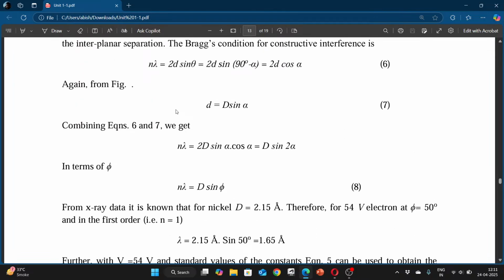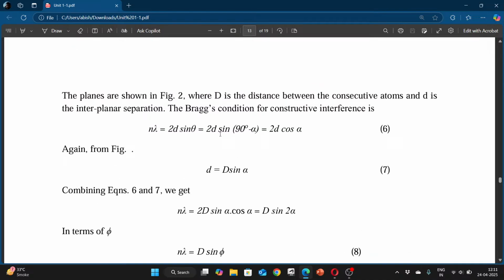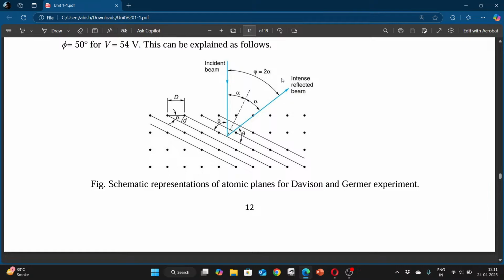क्वेश्चन 6 और 7 कंबाइन करके हमको मिलता है, d की वैल्यू बदले वो लिख देते हैं, n lambda equal to 2D sin alpha cos alpha, which is D sin 2 alpha, since 2 sin alpha cos alpha is sin 2 alpha. एन लैम्बडा इक्वल टू डी साइन फाइ, क्योंकि टू अल्फा जो है वो फाइ होता है.